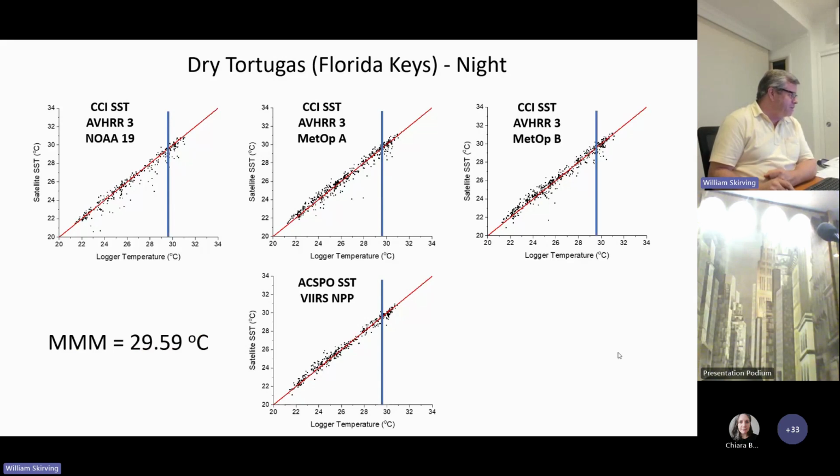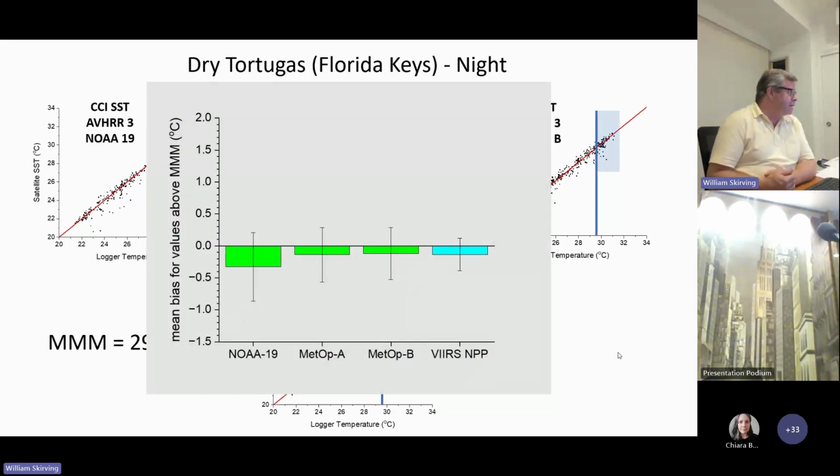Looking at the MMM, which is 29.59 degrees in this spot, we're interested in those data, and that's a very pleasing bias analysis for any site, quite frankly. But interestingly, CCI is holding its own quite well. It will be interesting when we get to comparing AXPO and CCI on exactly the same satellites, exactly the same pixel.